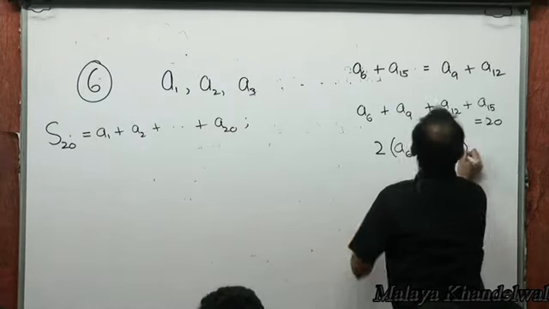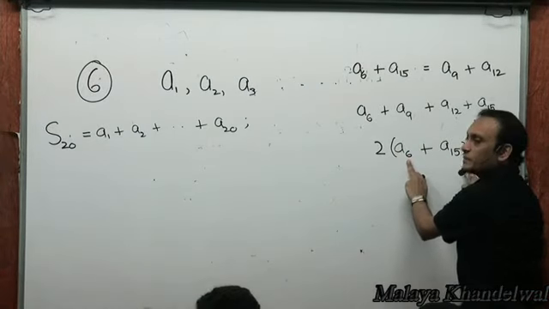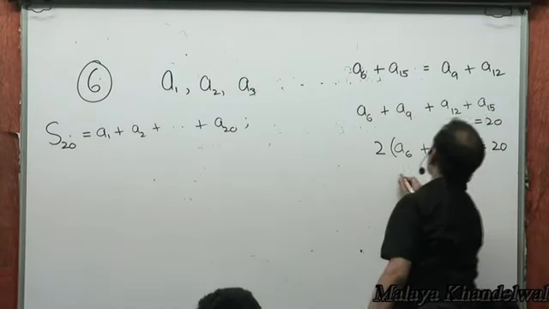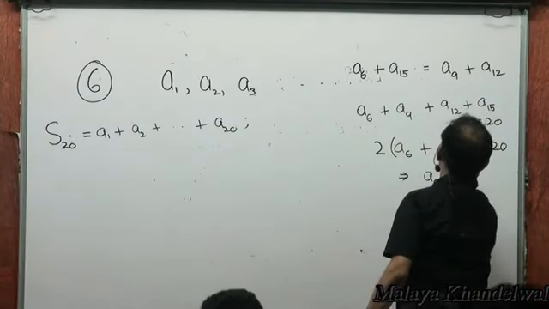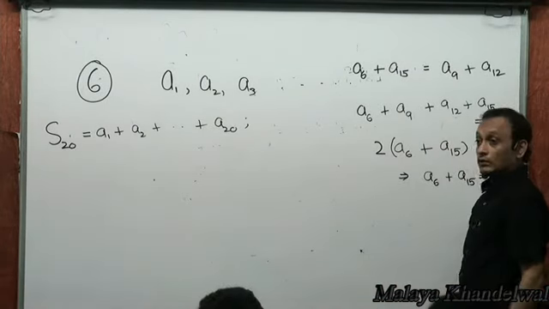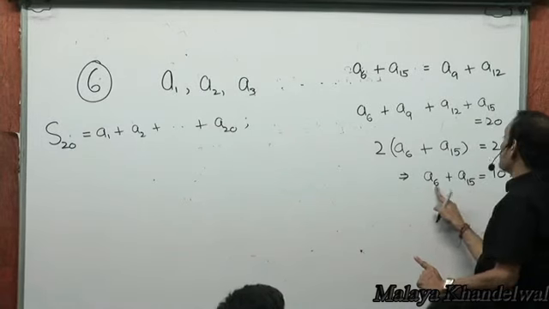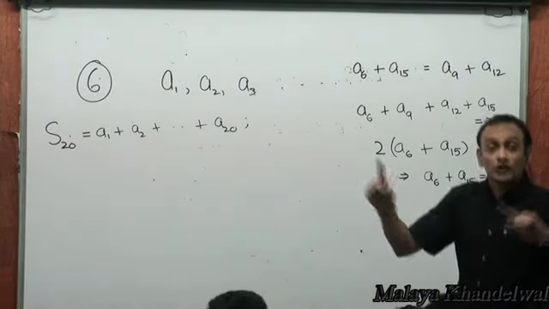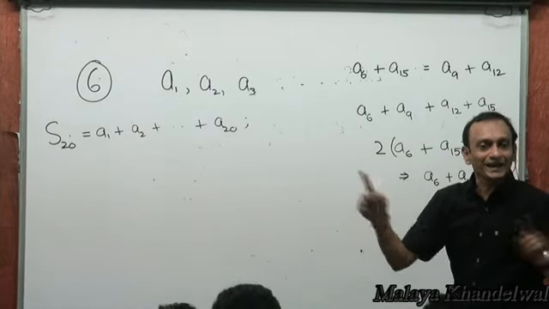Yes or no? Because A9 plus A12 is also A6 plus A15. So that's equal to 20, which would mean A6 plus A15 equals 10. And this is not just true for the 6th term from the beginning and the 6th term from the end. This is true for any 2 terms equidistant from the beginning and end.